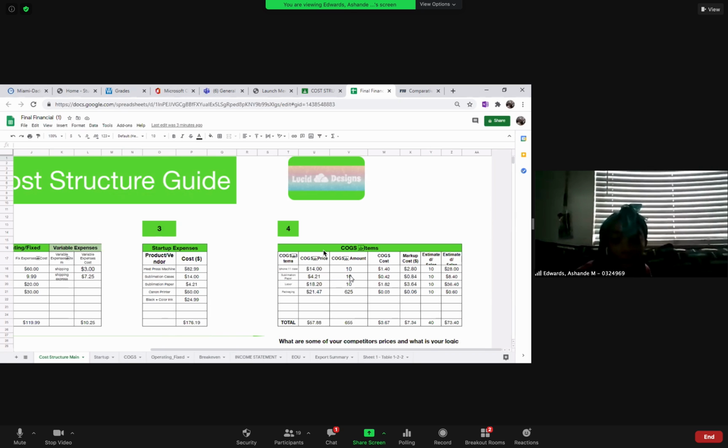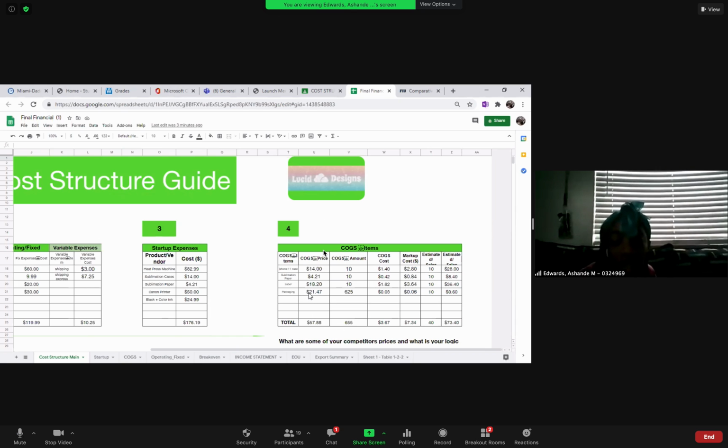Sublimation paper comes in a pack of 10 as well. So the sublimation cost was 4.21. The cost times two, times 10, the amount over here, and I went down the row. So my cost price would be 57.88.